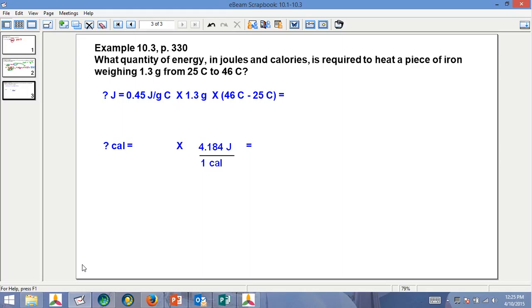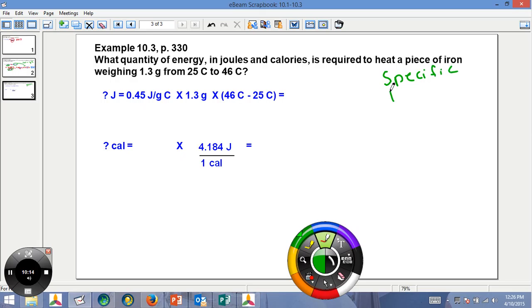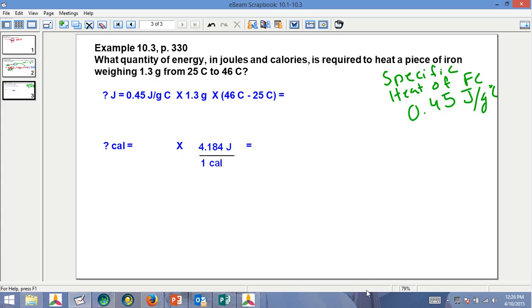The specific heat of iron is 0.45 joules per gram degree Celsius. I'm going to work out this problem here.